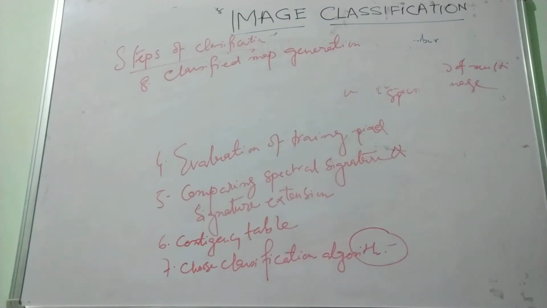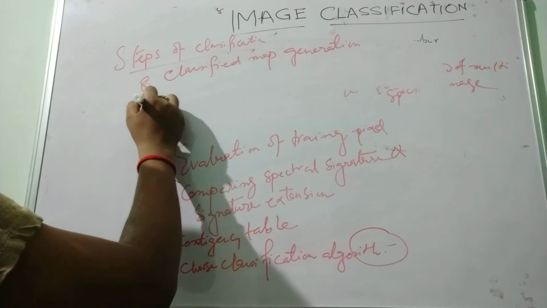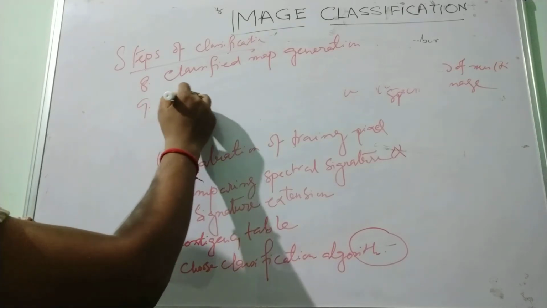The digital map is prepared based on this classification algorithm, where we will use the training set, and if the classification process has gone well, the classified image will open up with the same colors assigned to the training classes. And the last step, accuracy assessment.